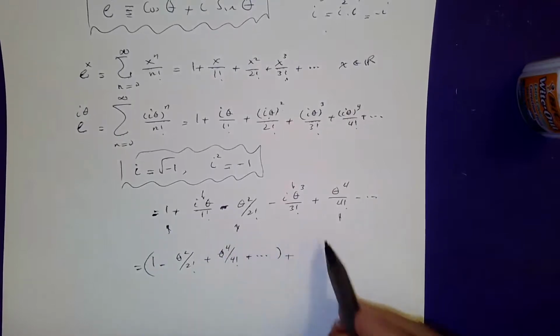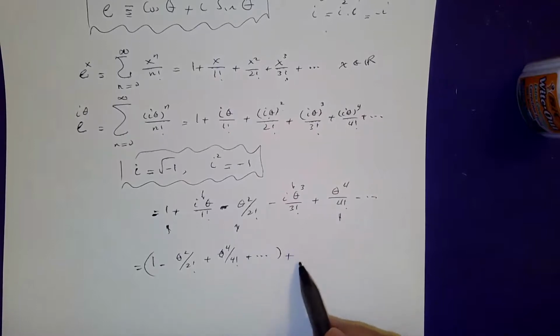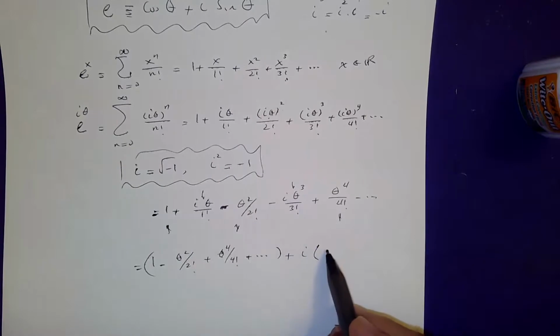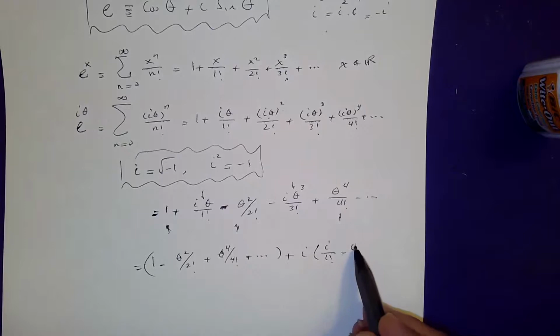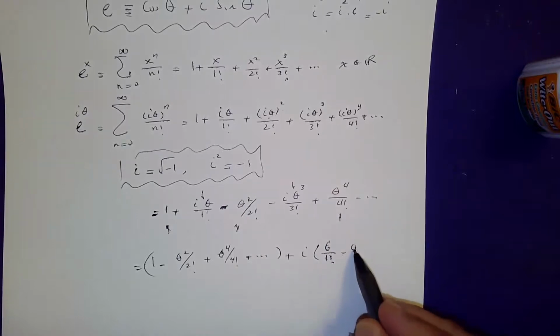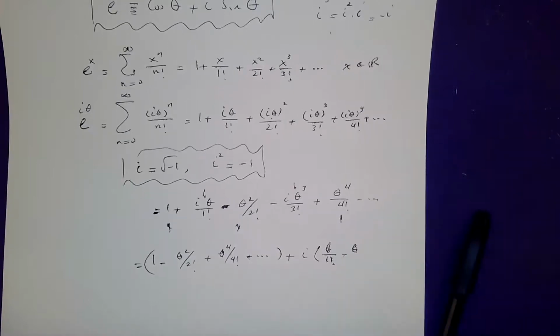And then let's group these guys. Factor out an i from these fractions, you get theta over 1 factorial plus... Okay, this doesn't look good.